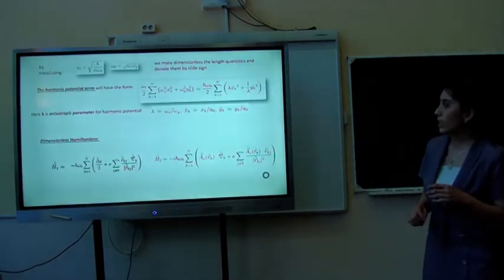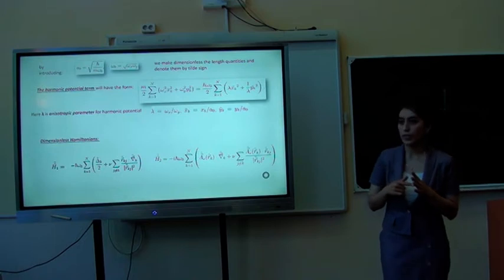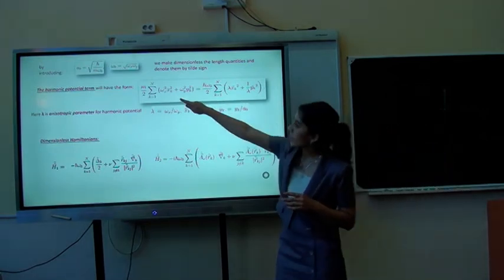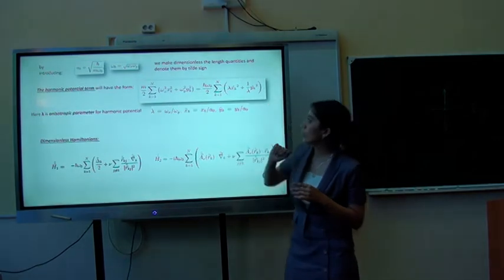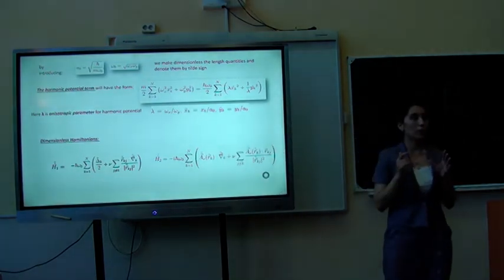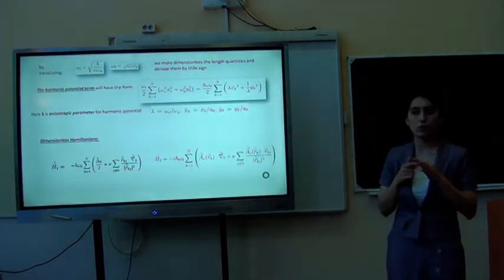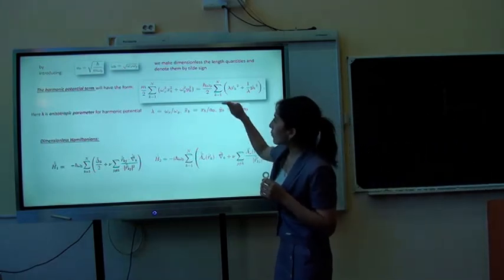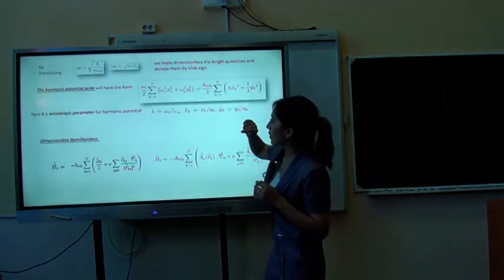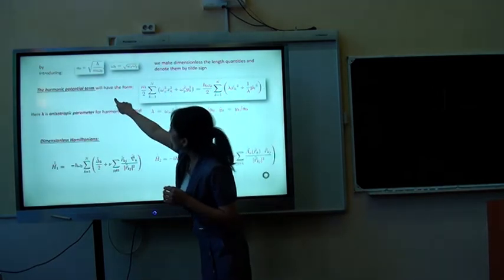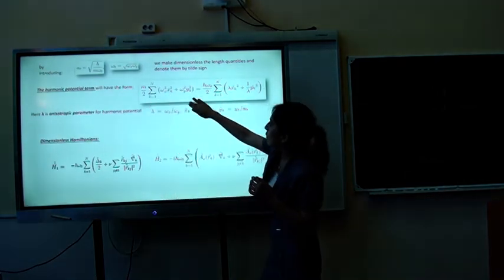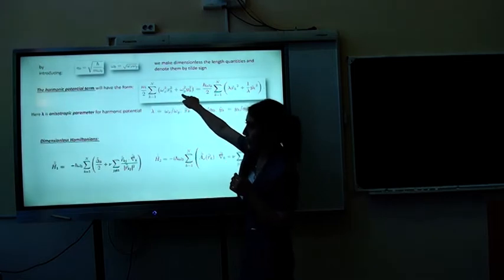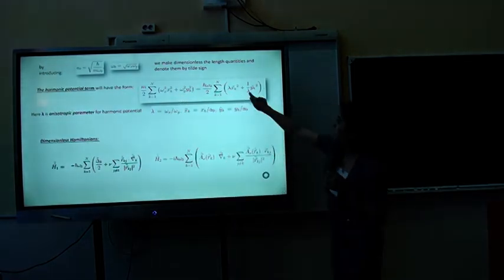Well, then we introduced the lengths of the harmonic trap, a0 and omega 0, to make our Hamiltonians and the Schrödinger equation dimensionless. After introducing these two features, the harmonic potential term will have the form here. At first it has these terms, and then it turns to this expression.